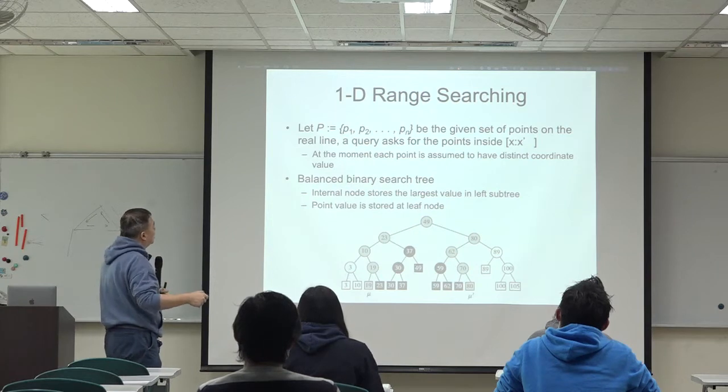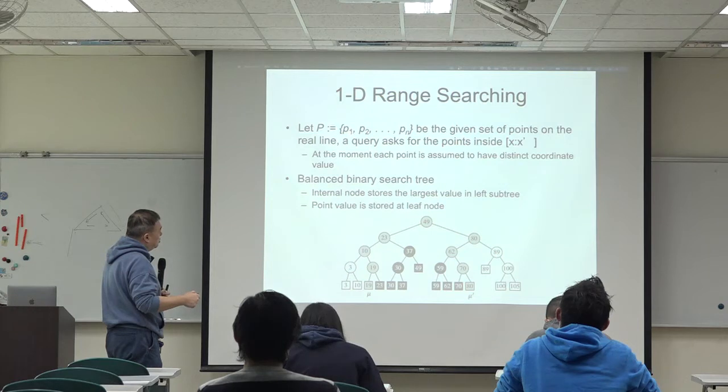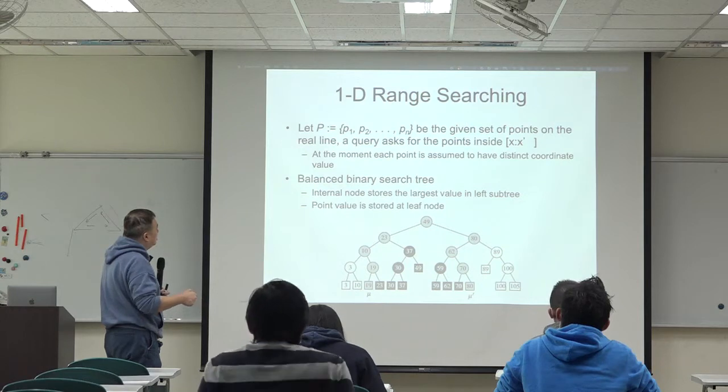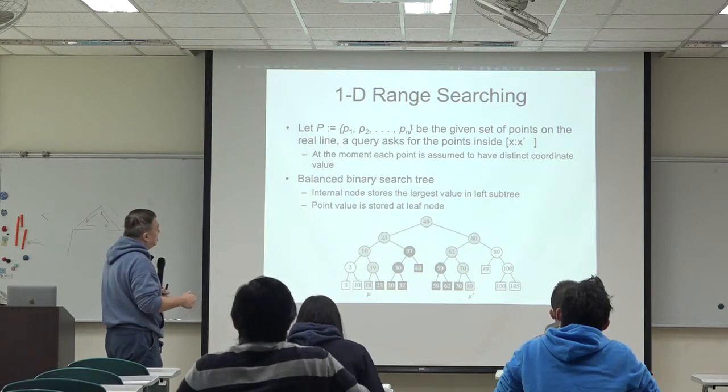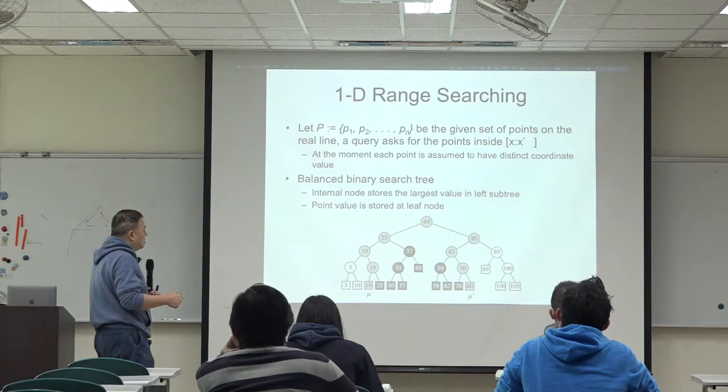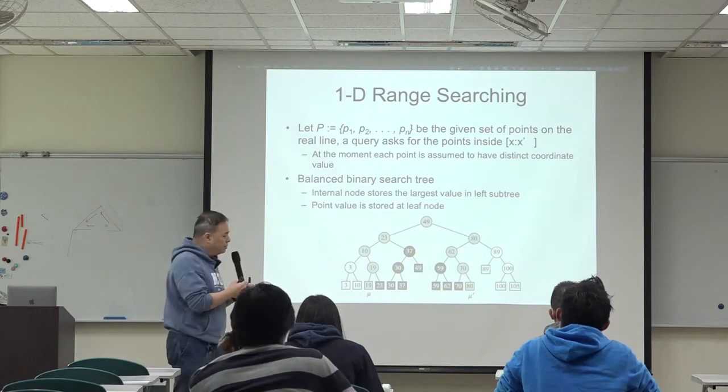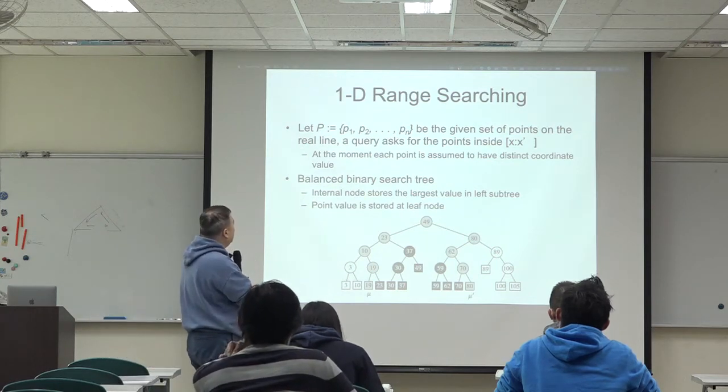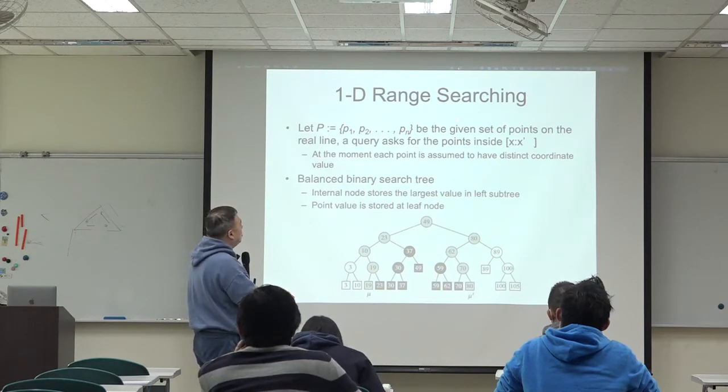The problem is like this: we have a bunch of points, and of course each point represents a number. So P1, P2, up to Pn, we have n numbers, the given set of points on a real line, because you can represent each number as a point on a real line, right? A query asks for the points inside a certain range, from x to x prime.